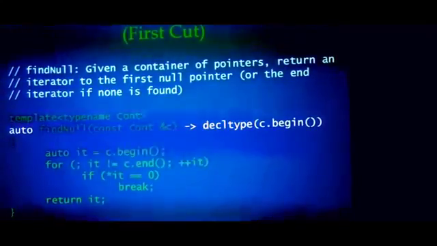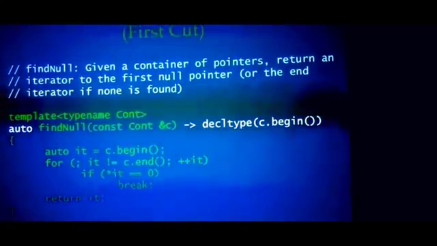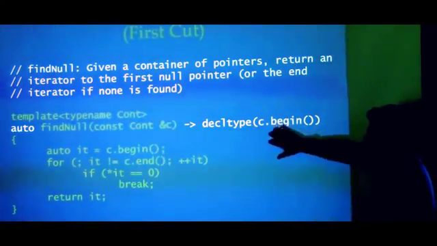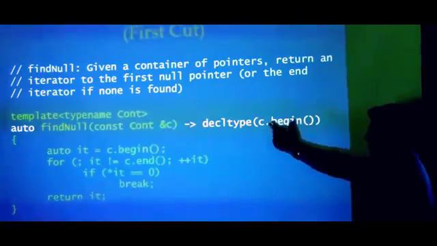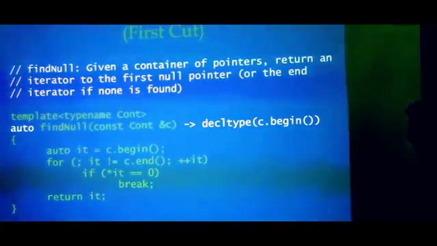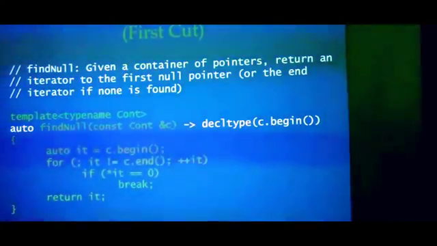Okay. So let's start and morph the find null function template into C++11. First we'll use the trailing return type. And I can really choose anything here that gives me an iterator. I just happen to pick c.begin. I could have used c.begin, c.end. I could have written it all out the old way, whatever.